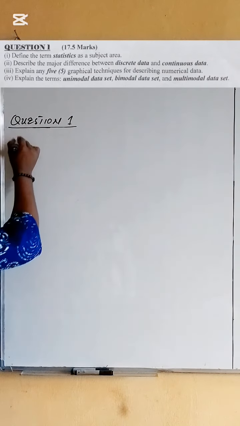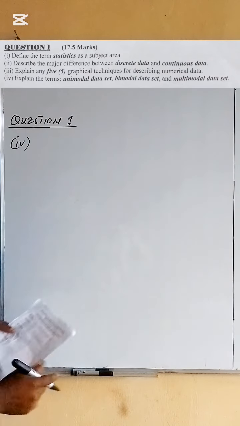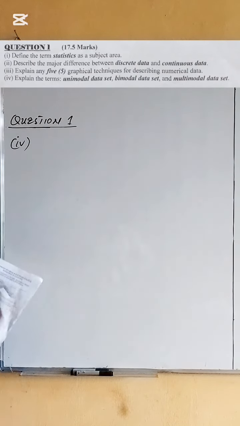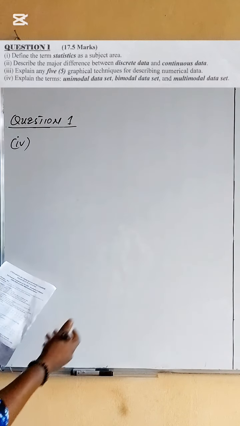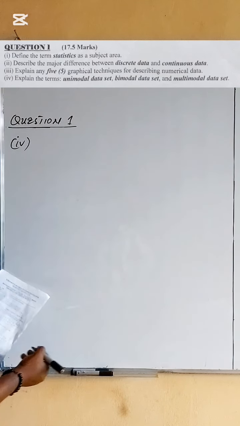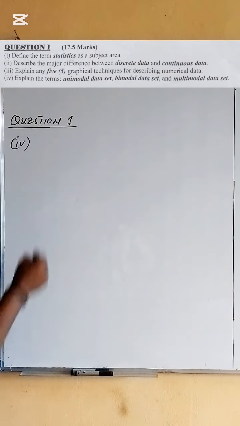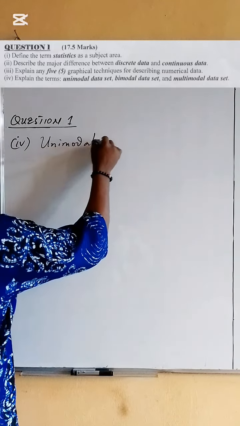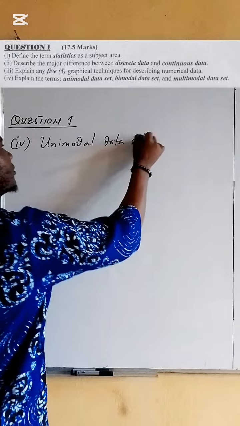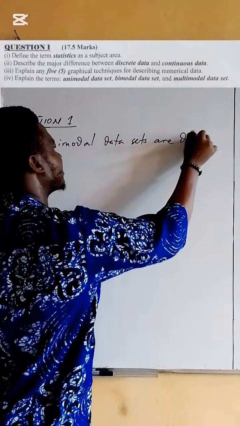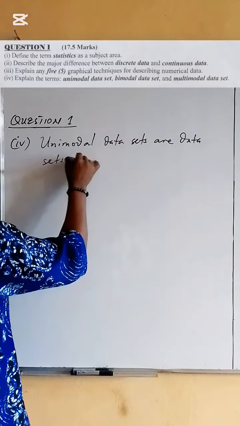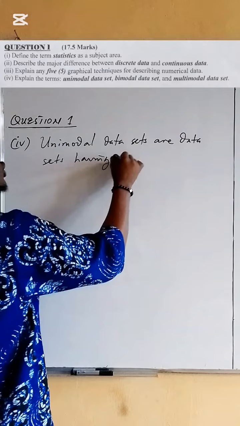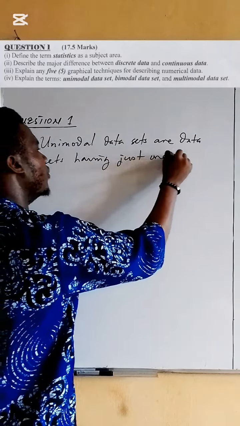Now let's go over to question 4, having answered question 3. Question 4 says, explain the terms unimodal data set, bimodal data set, and multimodal data set. So, unimodal data sets are data sets having just one mode.